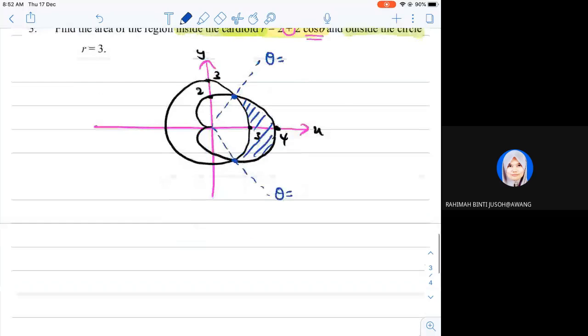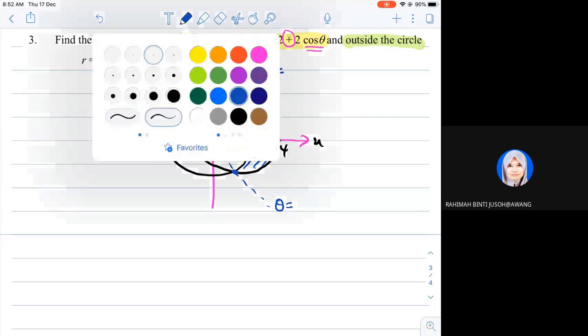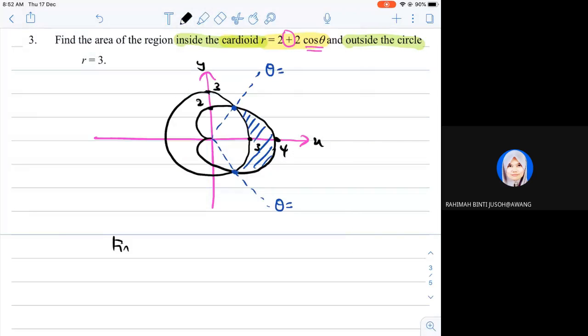Okay. So in order to find the intersecting angle, for the case of combination, what you should do is you have to equate both radius. So equate R1 with R2. Okay, the first radius belongs to the cardioid.